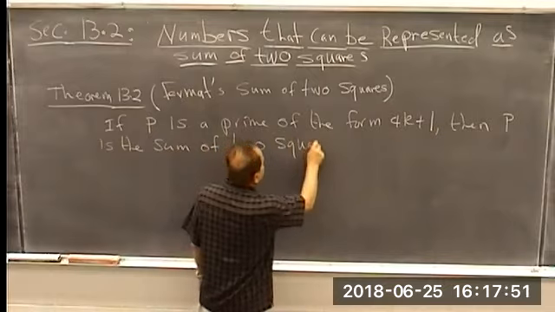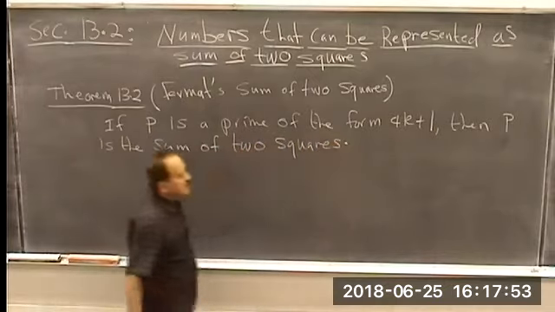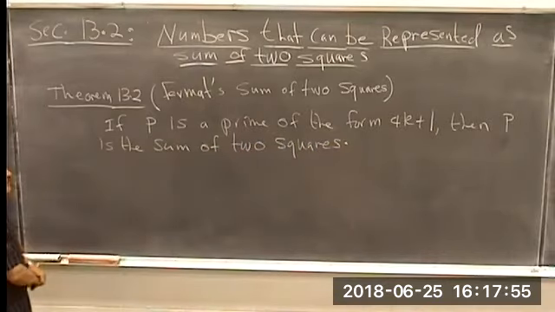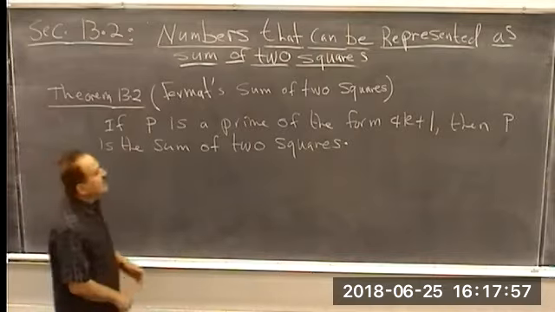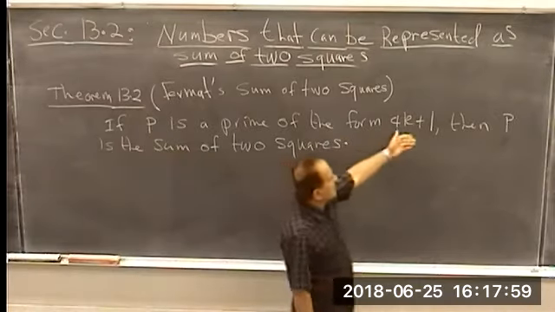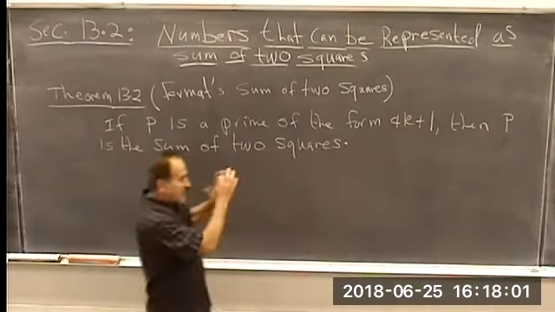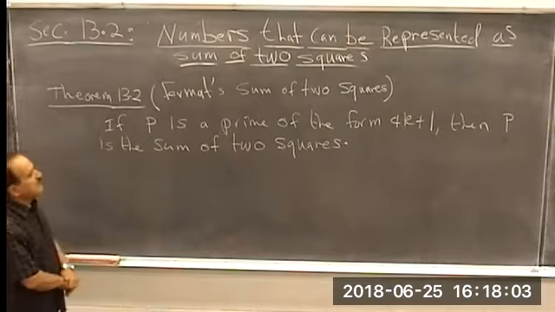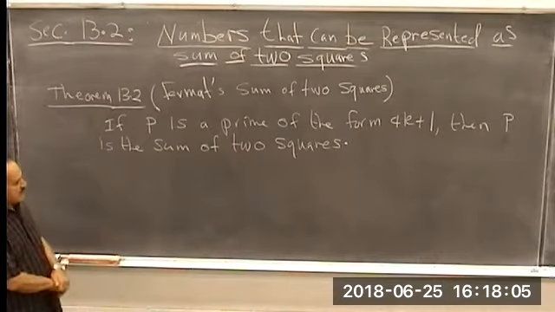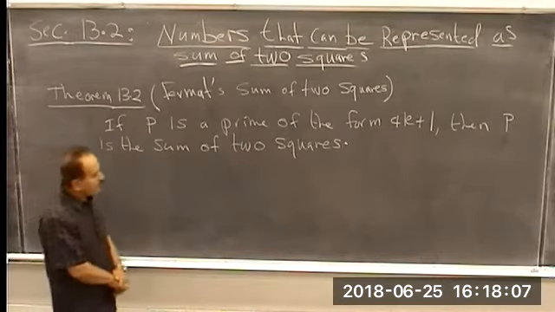And in fact, we're going to see that the representation of p as a sum of two squares, if it is of the form 4k plus 1, is unique. But we're going to have that one proved separately, as a corollary.